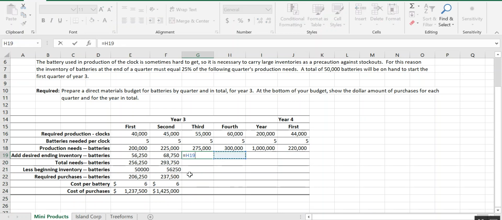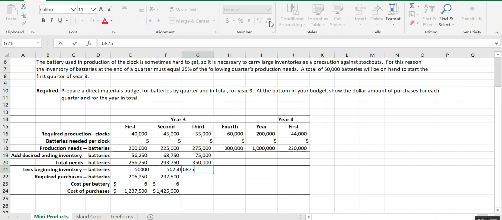Okay, we do the same thing for the third quarter, and we get 75,000 as a desired ending inventory. We're going to add these two together. We get 350,000 as a total needs, but then we subtract out the 68,750 here.